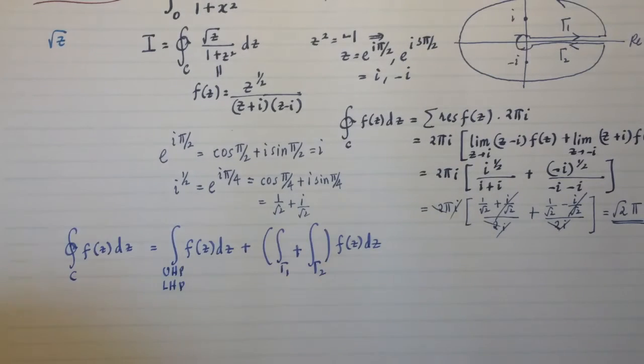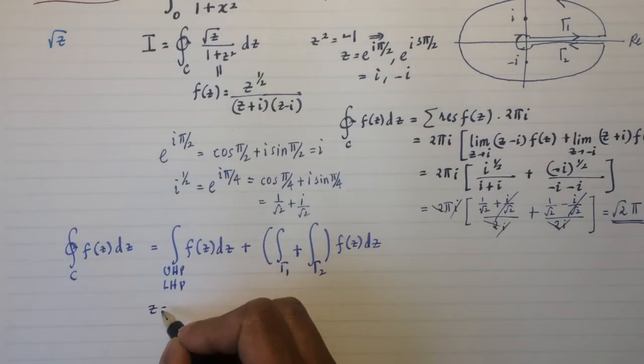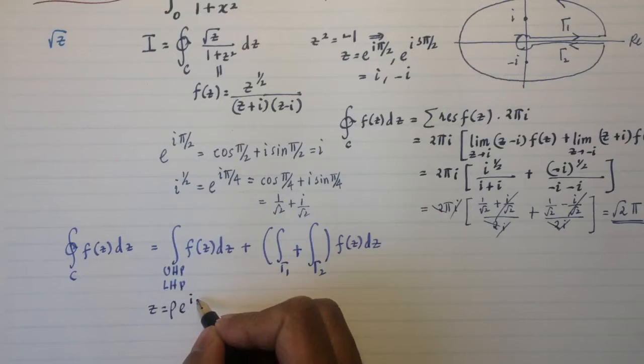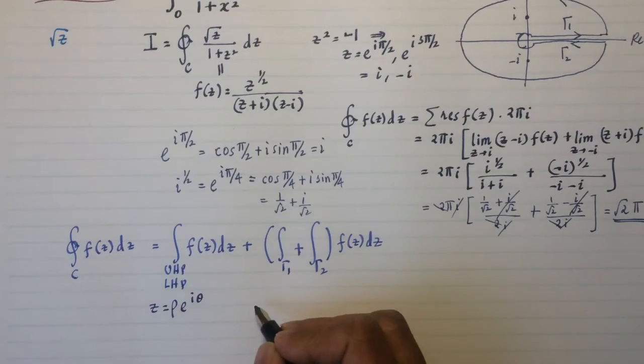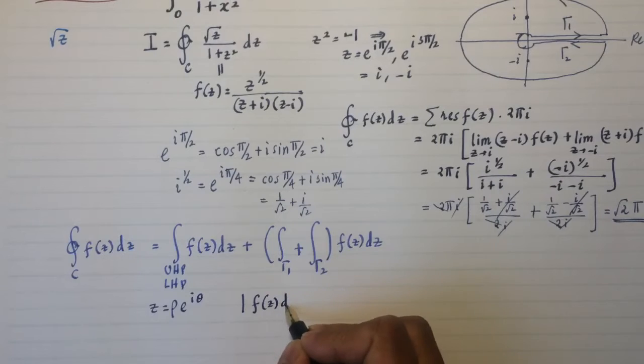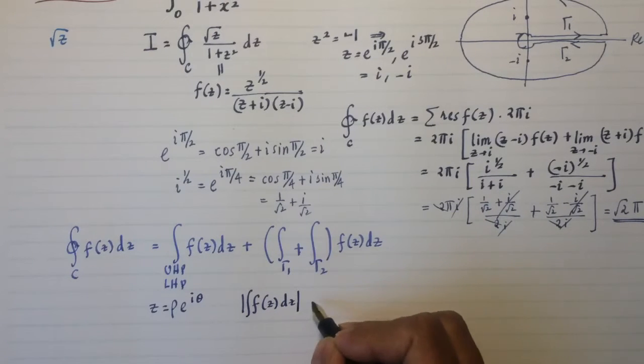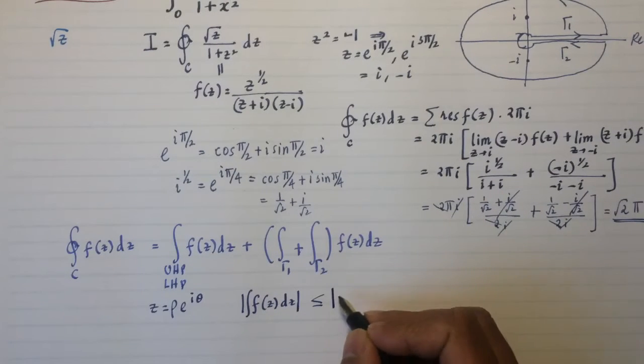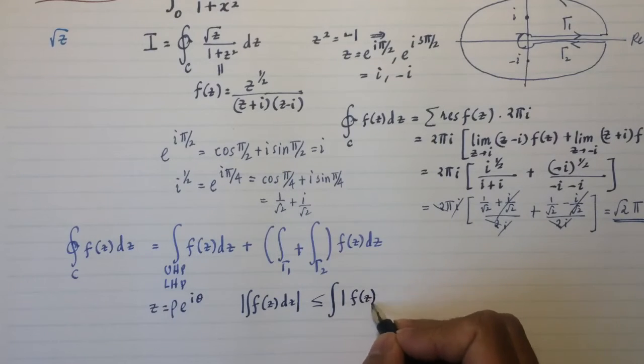Now for the bounds, we're going to have the same type of argument as we always have had. You put z equals rho e to the i theta and then take rho to infinity. By the Cauchy-Schwarz inequality, the integral of f of z dz is less than or equal to the integral of the absolute value of f of z dz.